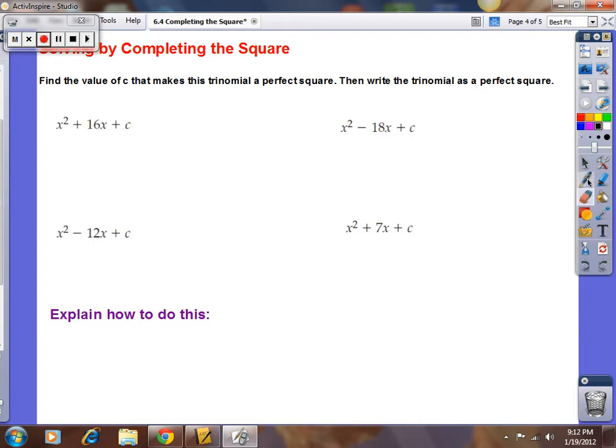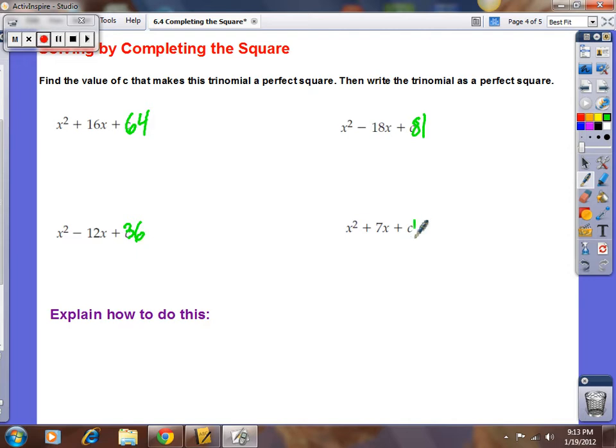Alright. If you chose 64 for c, that's correct. This one, x squared minus 18x plus c, the c would be 81. And minus 12x plus c, the c would be 36. And this last one's kind of tricky.